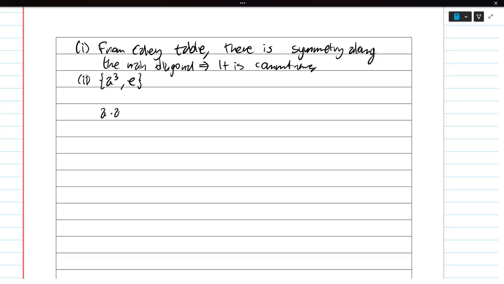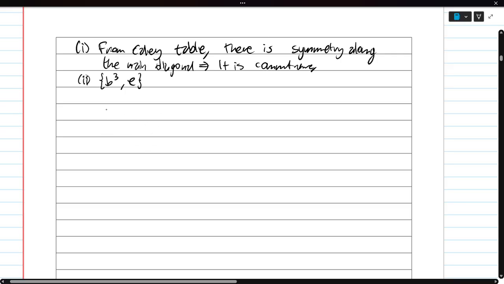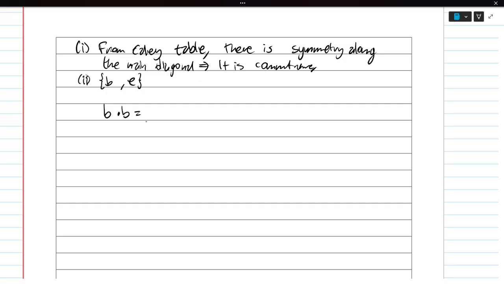And a to the 3 is equal to, let me find this, ab, and then ba is e. Okay, a is not going to work because a is order 3. Let me try b then. B squared is what? B squared is a, so that's not going to work.